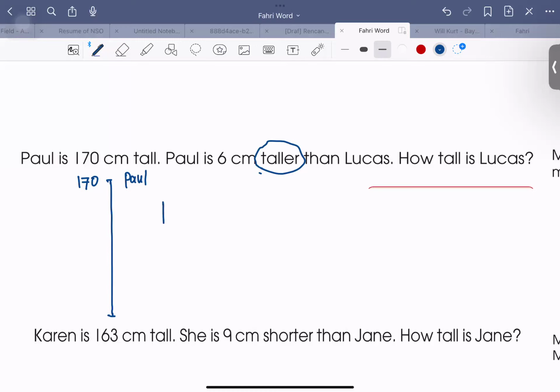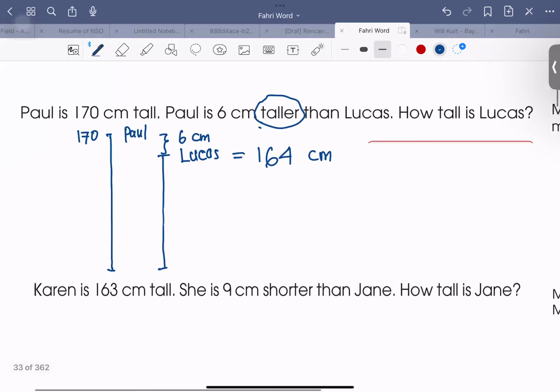That means Lucas looks like this, right? And the difference is 6 centimeters. That's why Lucas is 164. Cool. Now let's go to the second question.